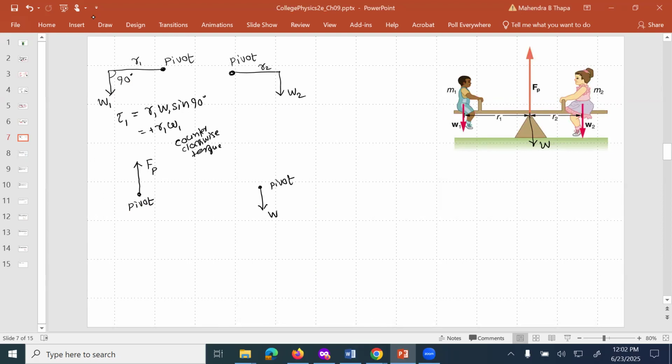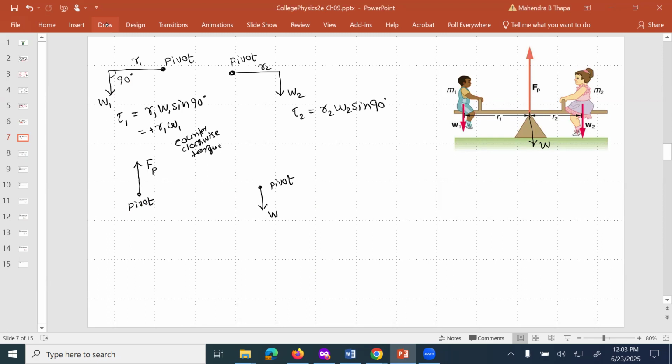Let's find the torque due to the second weight, W2. So tau 2, we can write R2 times W2 sine 90 degrees.